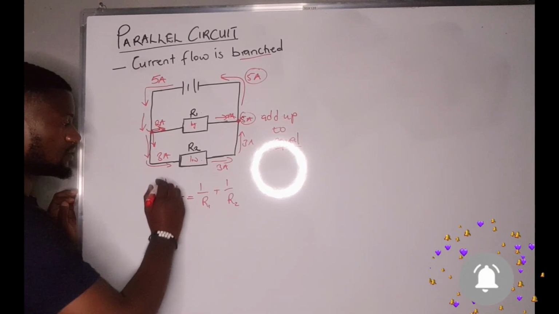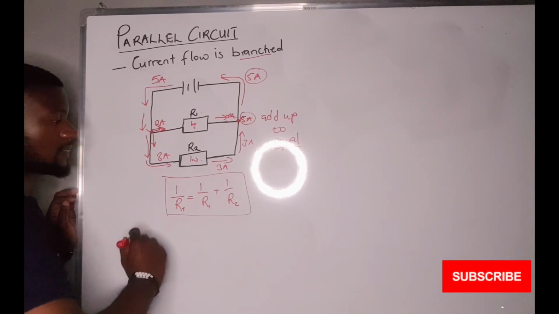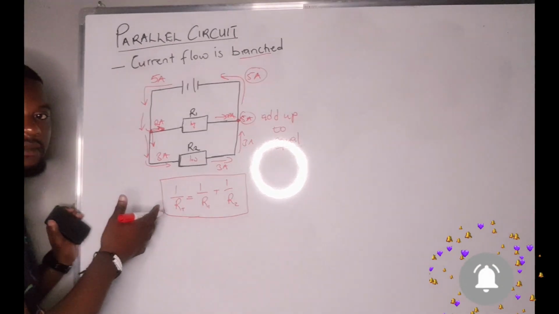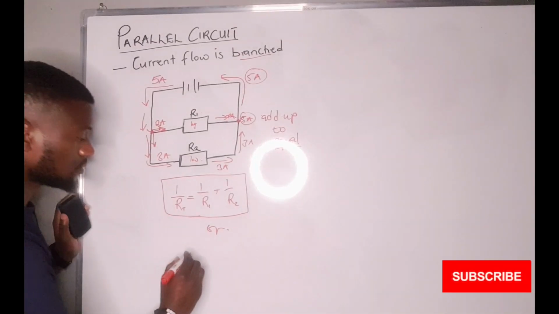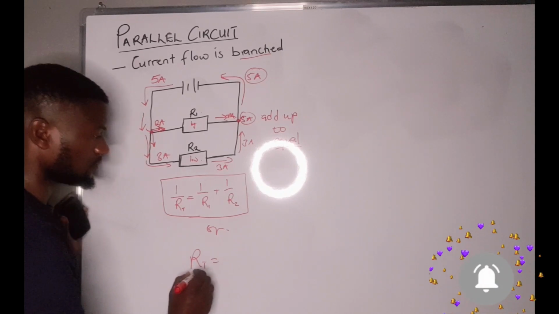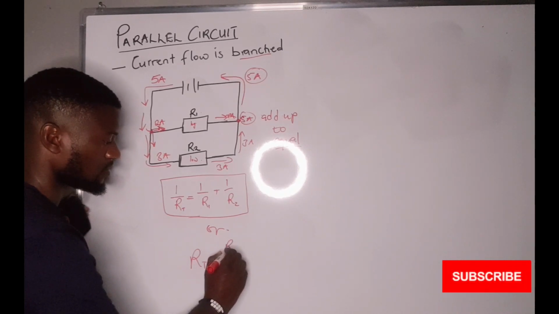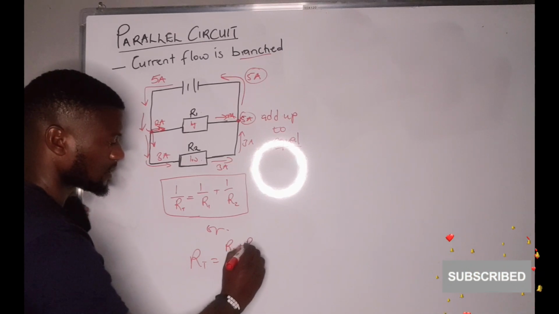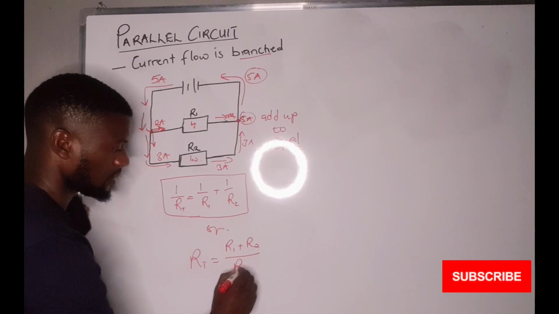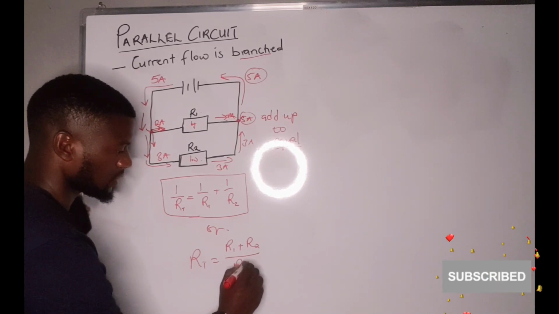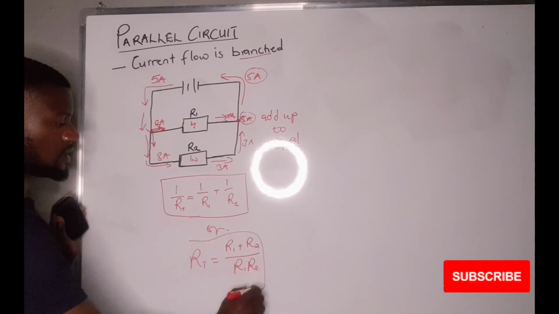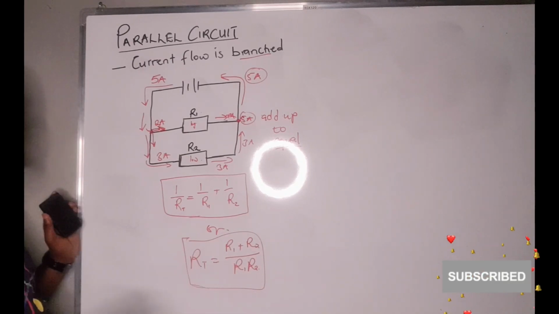You can either use this one to calculate the effective resistance in the circuit, or you can use total resistance or effective resistance is equal to R1 plus R2 divided by R1 multiplied by R2. If you want, you can also use this one.